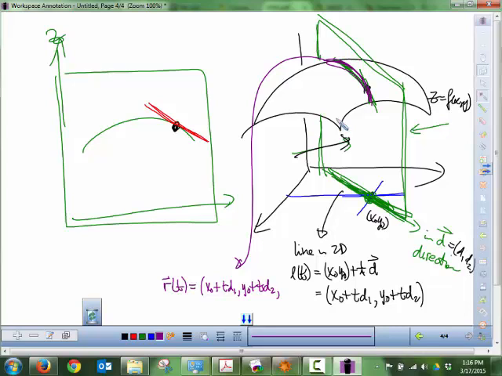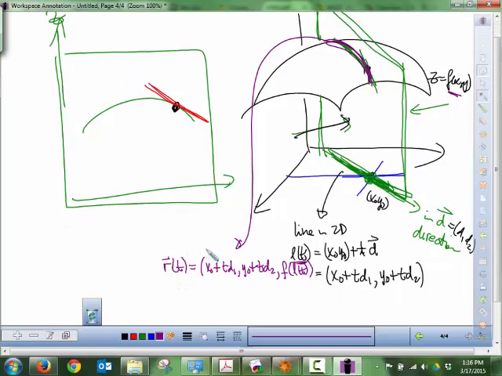Your z is a function of x and y, so just plug in the L of t into here. So it'll be f of L of t. So that's our three-dimensional curve, which happens to be this curve, but we're looking at it kind of flat along the plane.